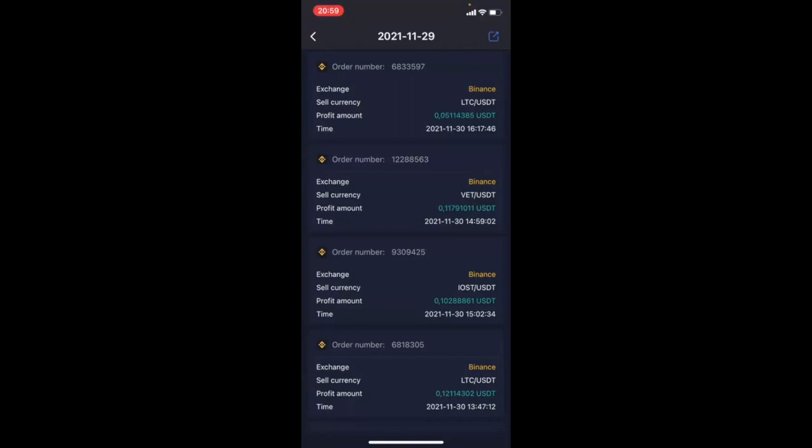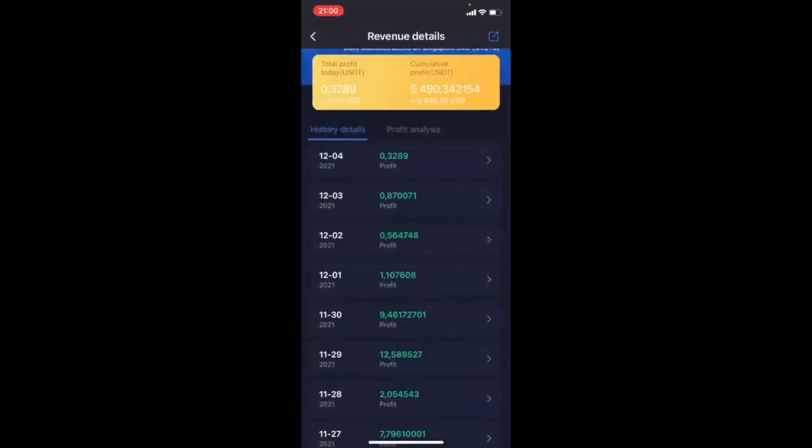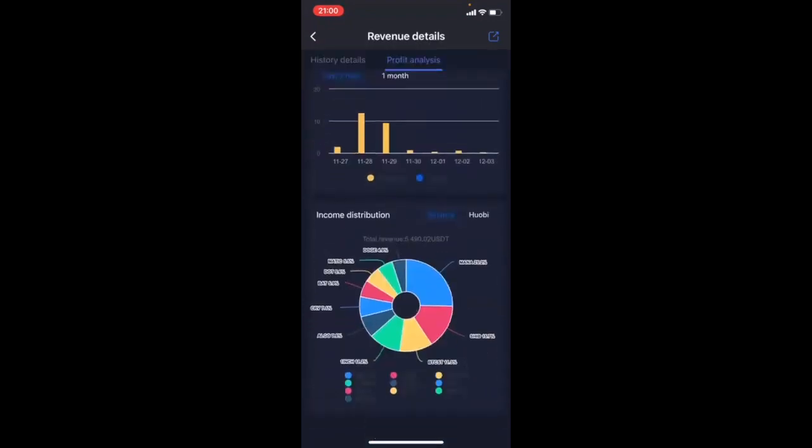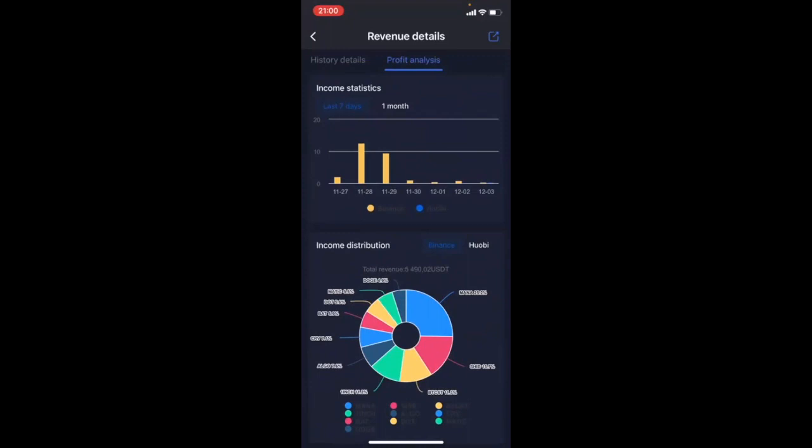I can see what coin was being traded. 100% complete transparency. I can look up this order number on Binance to see, did this trade actually take place? Yes, it did. Awesome, right? So it's 100% transparent. I can have a profit analysis, right? I can have a breakdown of which coins are generating me the most profit.